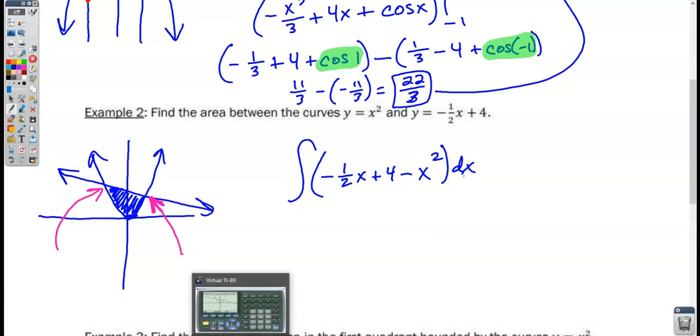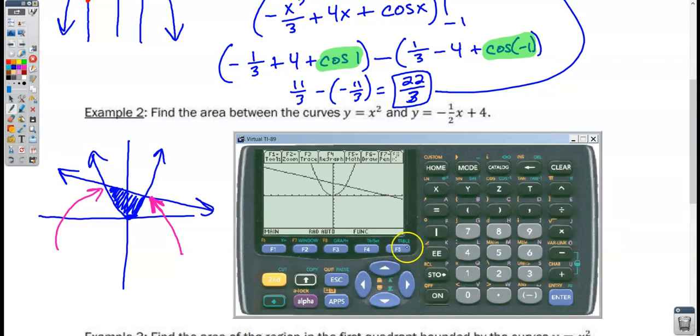So I'm going to go ahead and find those intersection points. Oops. Got to pay attention to what I'm doing. I just tried to give it the same left bound and right bound. That was a bad decision.